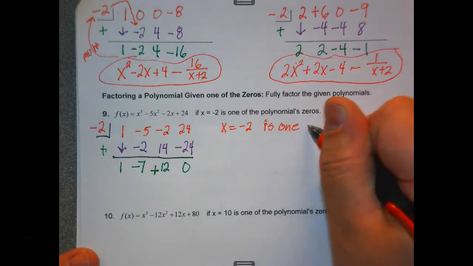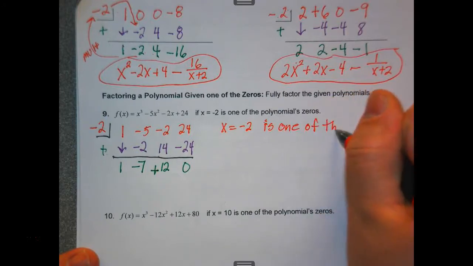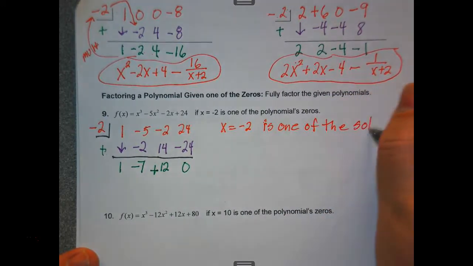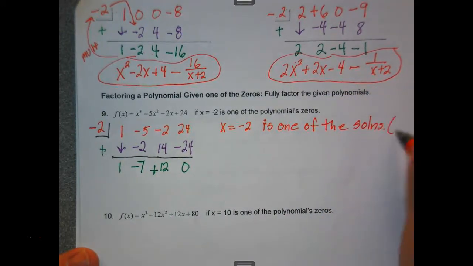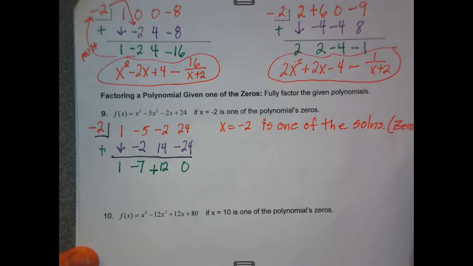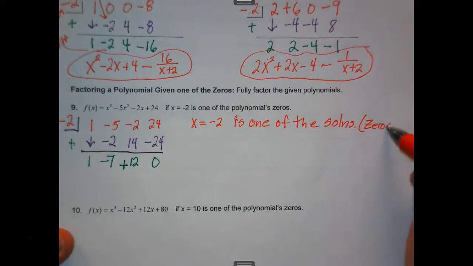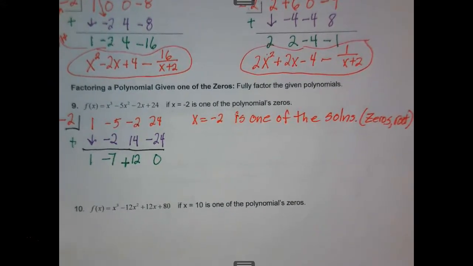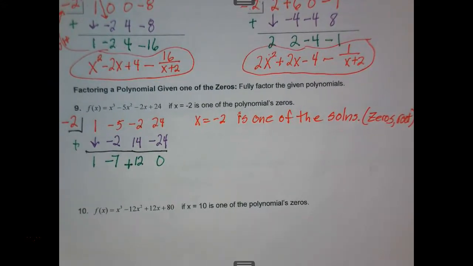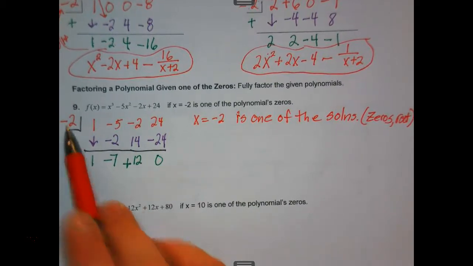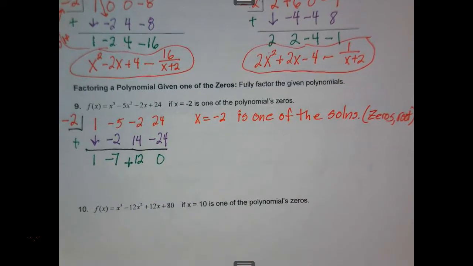Solutions, zeros, roots, whatever you want to call it. Yeah, but -2 times 12 is -24.